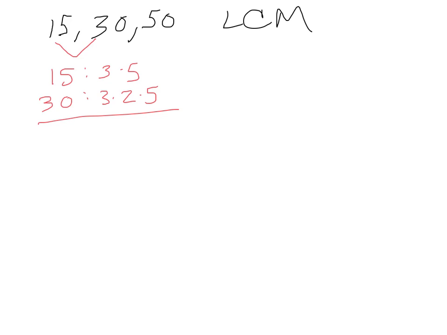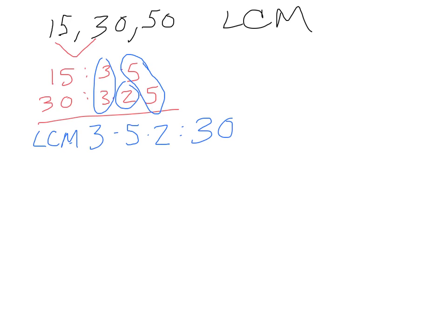Okay, we circle what they have in common, and we write it, and we list any other factors we find. So of course, I hope you saw it already, but the least common multiple between 15 and 30 is 30. Okay, well, we still got to look here between 30 and 50.